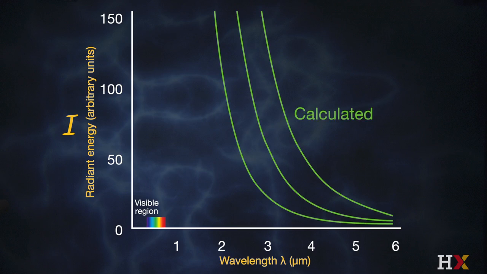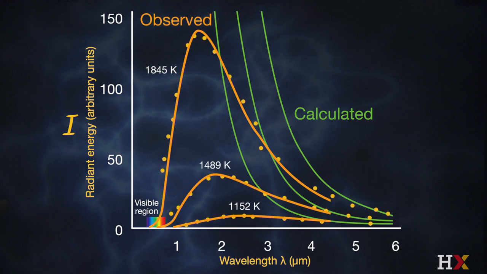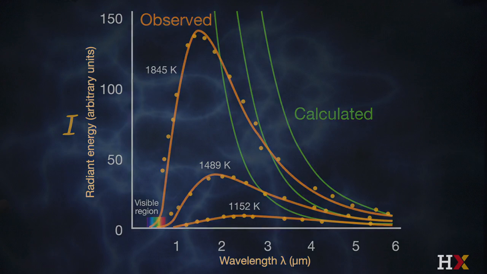It increases dramatically as we go to shorter and shorter wavelengths. But when we measure the output at a fixed temperature, the curve looks very different. It actually descends back to zero at very short wavelengths. And this has a famous name. It's called the Ultraviolet Catastrophe.